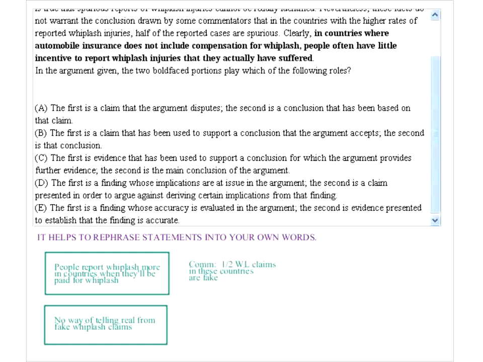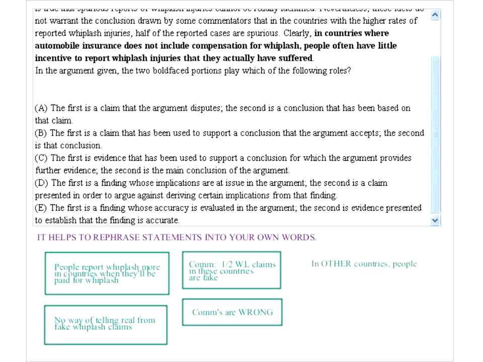The facts do not warrant the commentators' claim. That's a fancy way of saying the commentators are incorrect. And then in the other countries, where they don't compensate for whiplash, people often have little incentive to report whiplash injuries. So in the other countries, people will underreport whiplash.